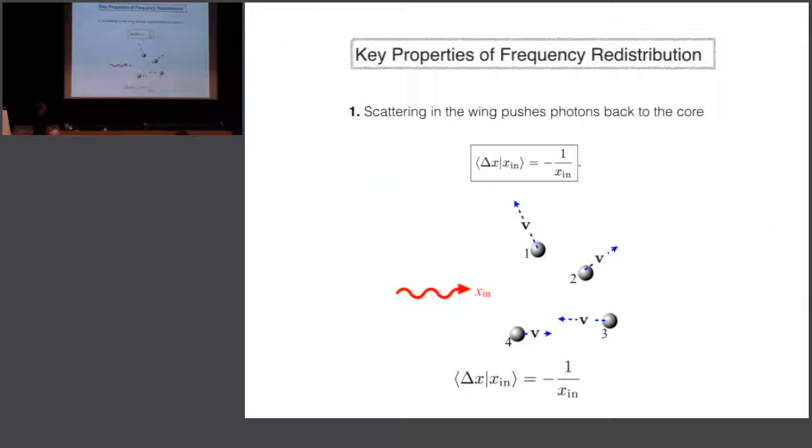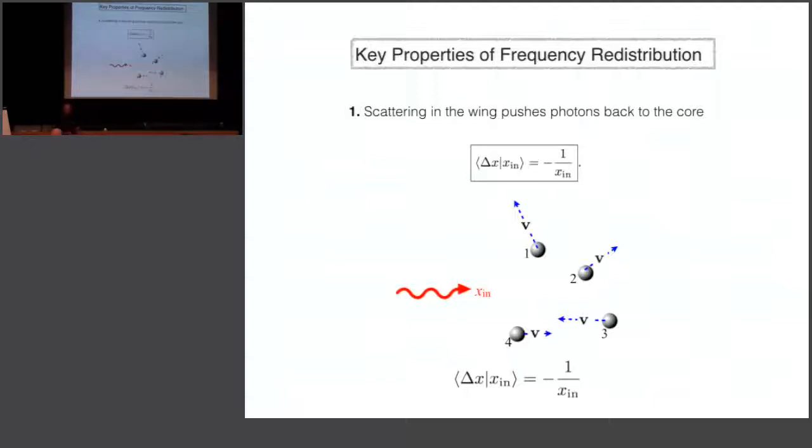If you have a photon coming in at some frequency x_in, and you ask what is the most likely change, or the average change in photon frequency in a single scattering event? If you average over all scattering events, it turns out that it's equal to 1 minus x_in, over x_in.